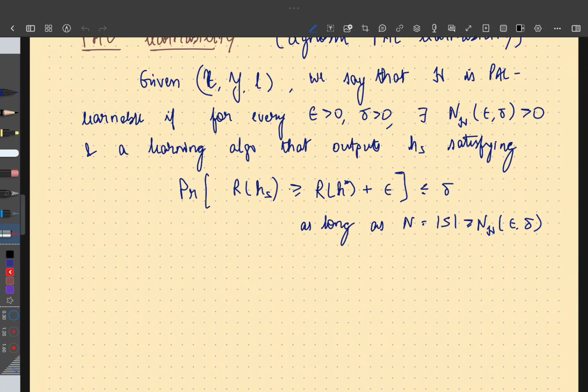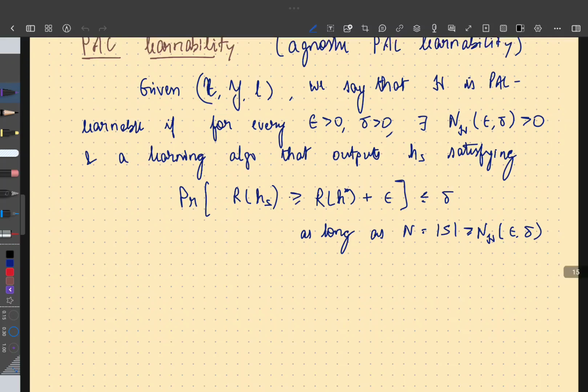Another way of saying this particular statement is that the probability that R of h_S is less than or equal to R of h star plus epsilon is at least 1 minus delta.